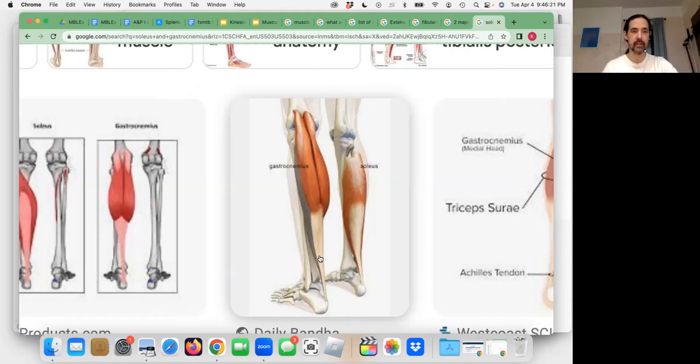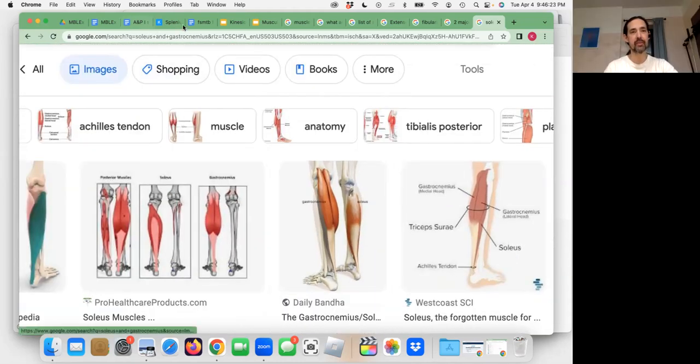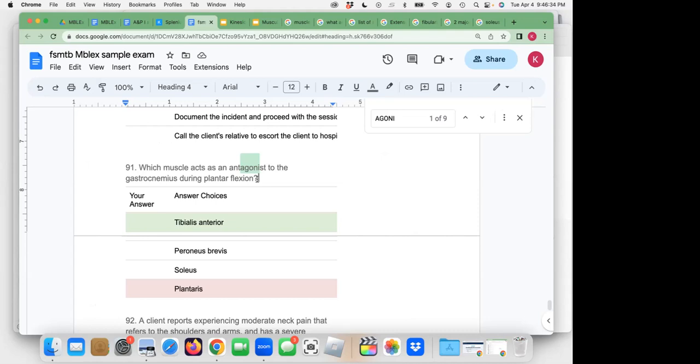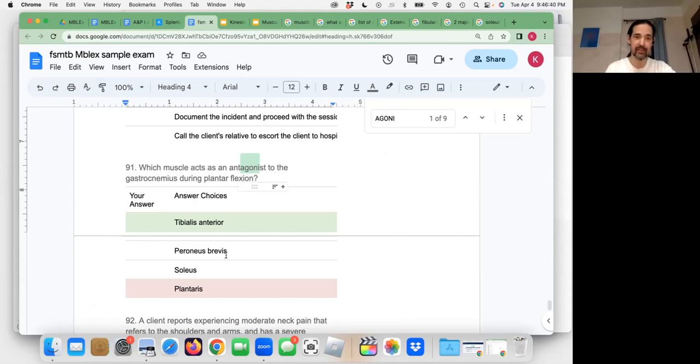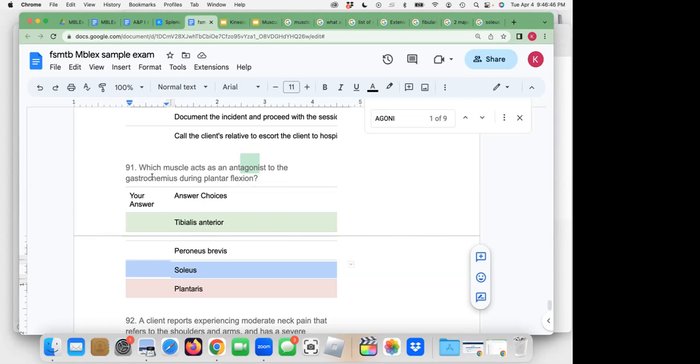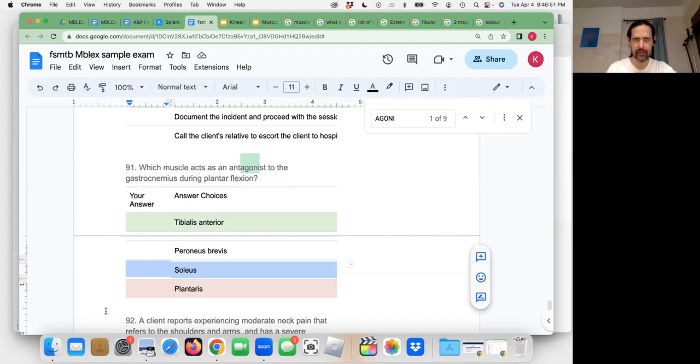So if they're both on the same surface of the bone, is one an antagonist, or are they both synergists? They're both moving in the same direction. That's right. So can you see how the soleus cannot be the antagonist for the gastroc? Yes. And what muscle is on the front of the shin bone, the front of the tibia bone?